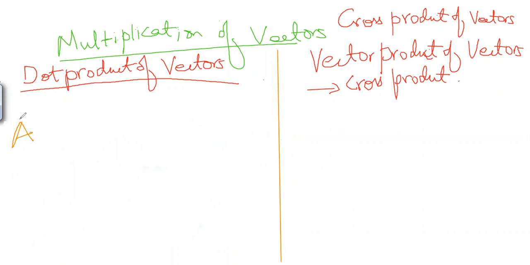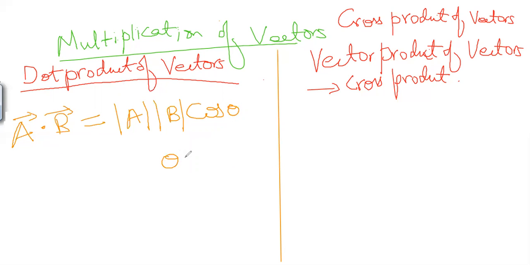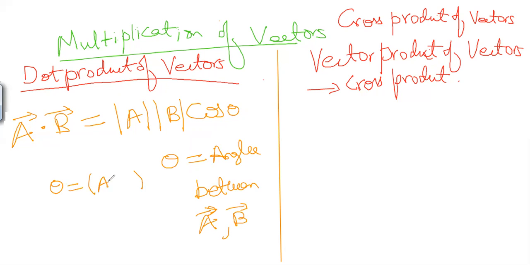So a bar dot with b bar is actually modulus a, or the magnitude of a, into modulus b, the magnitude of b, into cos theta. And what is theta? It is the angle between a bar comma b bar. Is it understood? In mathematical language, in maths books, this theta would be written like this: a bracket a bar comma b bar. This means angle.